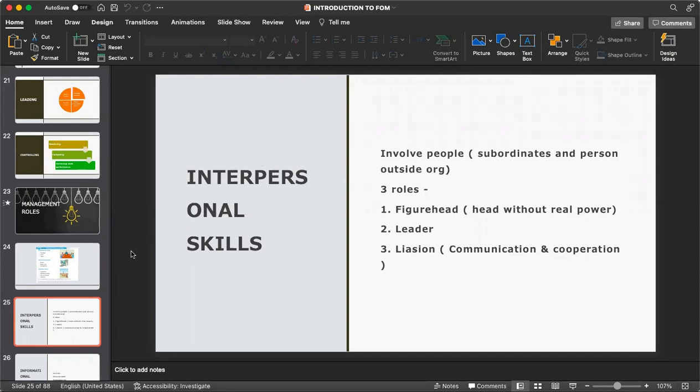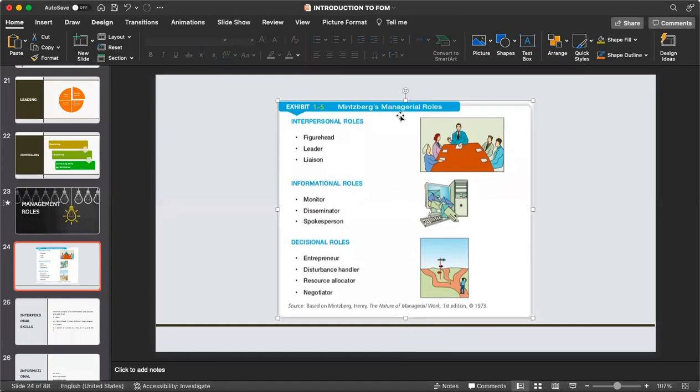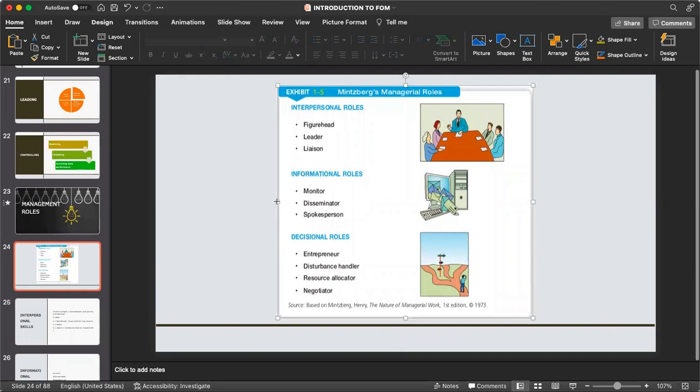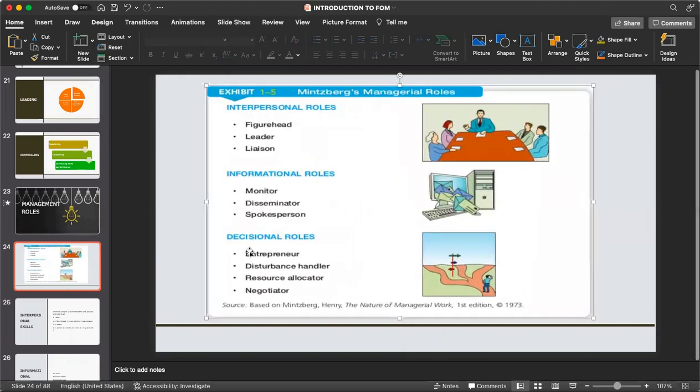The next important skills come under informational roles. Now you can see that under informational roles, we have three major categories: monitor, disseminator, and spokesperson. First of all, we need to understand what informational roles mean.